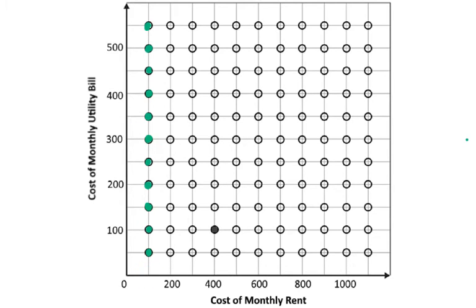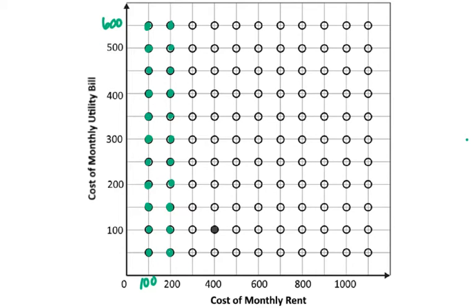Because this represents $100 rent, and this only goes up to $600 possible utility. And you'd have to be using a lot of AC or a lot of water to get to $600 in utilities. But anything in this column is going to add up to less than $900 because it's $100 plus at most $600. So now think about the next column.